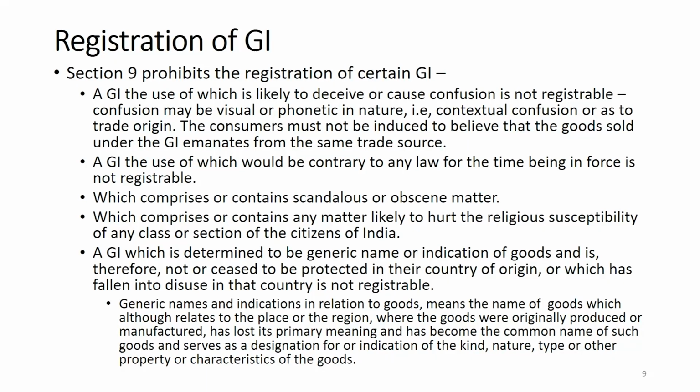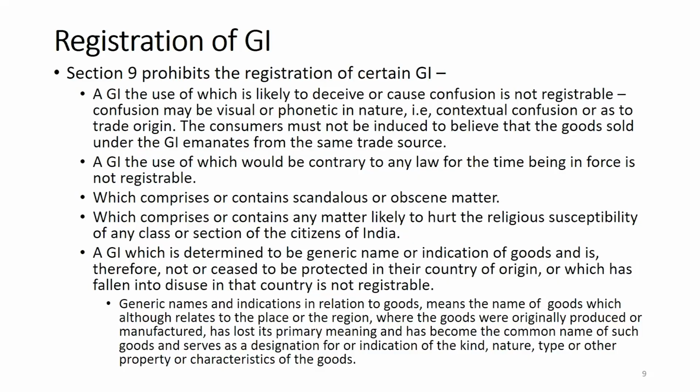Let us see what are registrable GIs, which is something which we studied in trademark also. What are registrable marks? Although we do not have a list of registrable marks in Trademarks Act, what we discussed there was the grounds for refusing the registration. Absolute ground section 9, relative ground section 11.